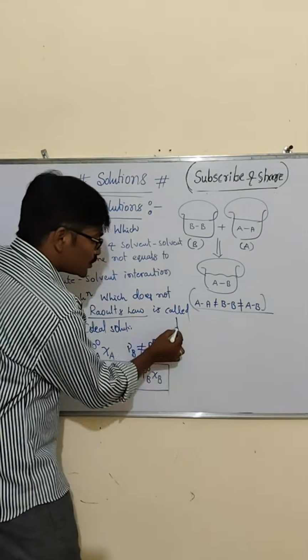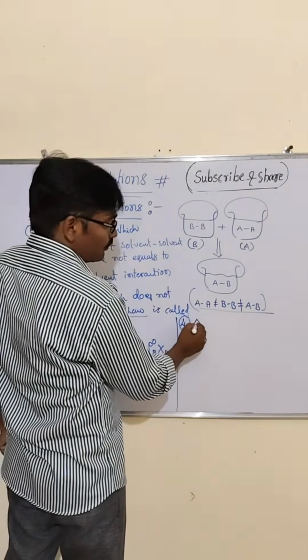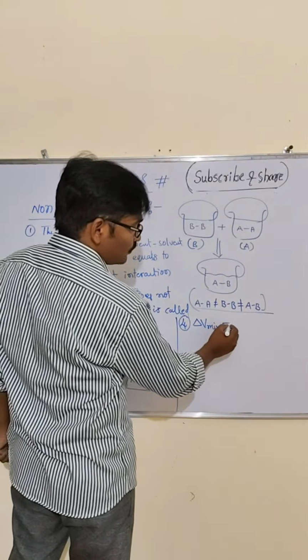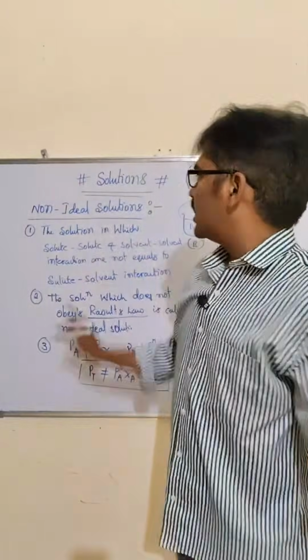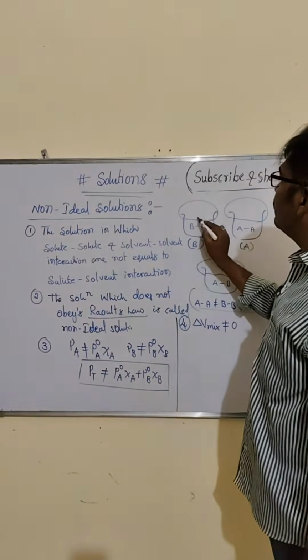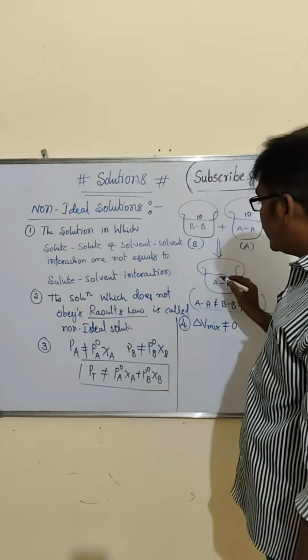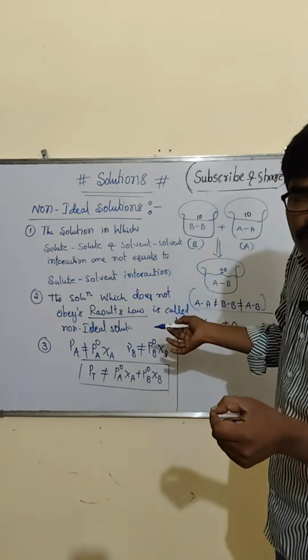Then come to the fourth statement, that is delta V upon mixing. Observe this very carefully. It is not equal to 0. That means what? Just assume there is 10 ml of one and 10 ml of the other. Then you get 20 ml in case it is an ideal solution.